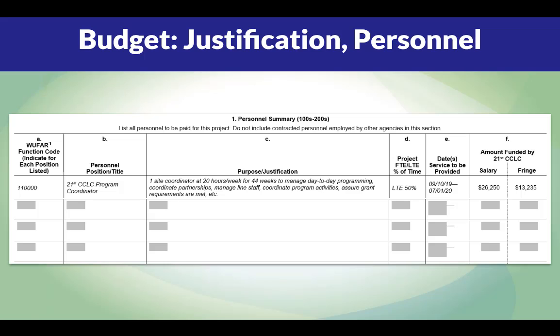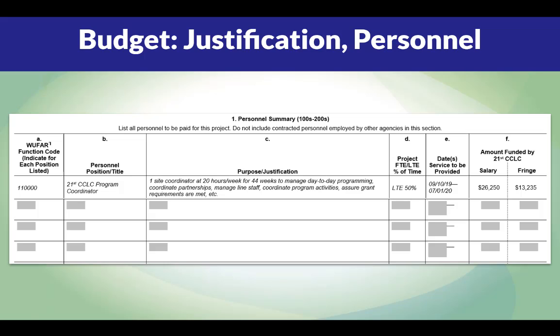WUFAR in the first column, A, stands for the Wisconsin Uniform Financial Accounting Requirements. It provides a uniform financial and accounting structure for public elementary and secondary schools in the state of Wisconsin. This column is not required to be completed, but it may help you when completing the budget summary later. In the second column, B, Personnel Position or Title, list all employees of the fiscal agent to be paid from CLC funds.